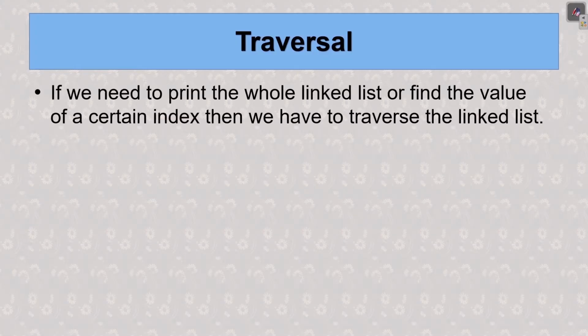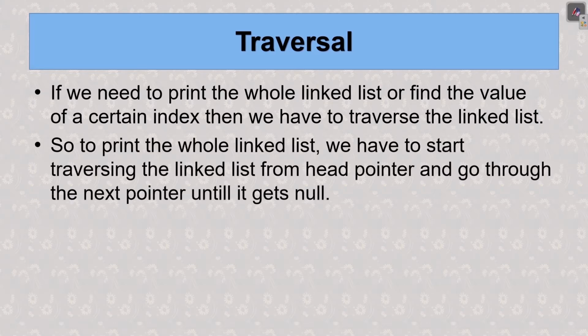Then the traversal operation. If we need to print the whole linked list or find the value of a certain index, then we have to traverse the linked list, right? We can print the whole linked list by traversing it. To traverse the linked list, we have to start from a pointer which is called head.